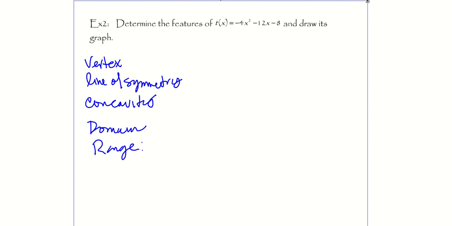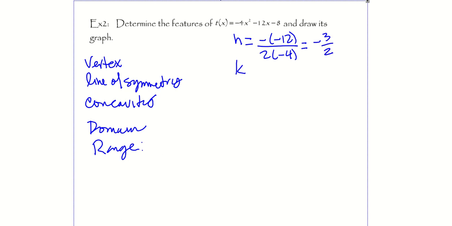All right, so if I want to find the vertex, I'll do my work here. I know that h will equal the opposite of b, so the opposite of negative 12 over 2 times a, so 2 times negative 4. So that gives me positive 12 over negative 8, or negative 3 halves.